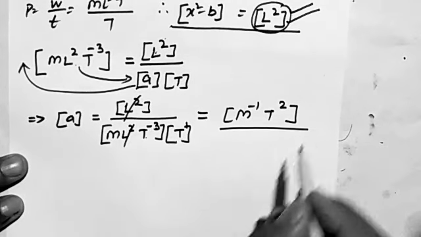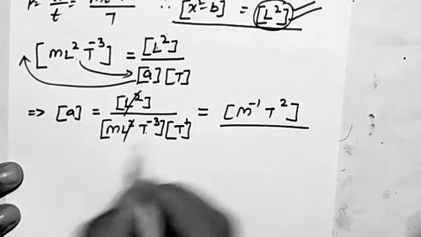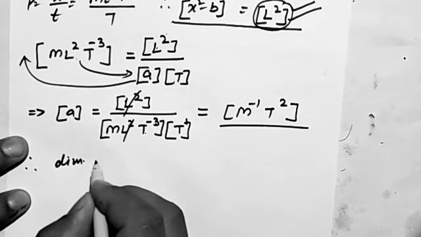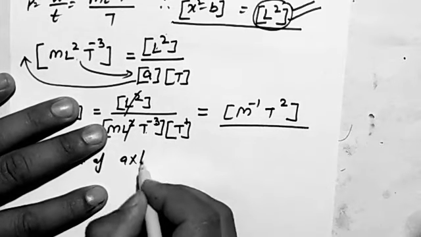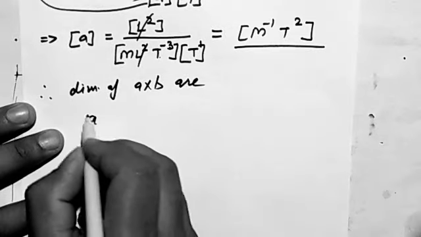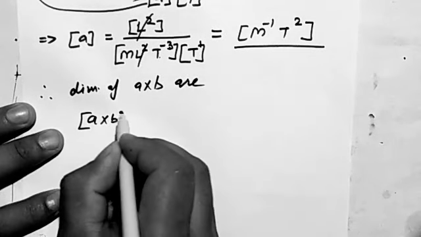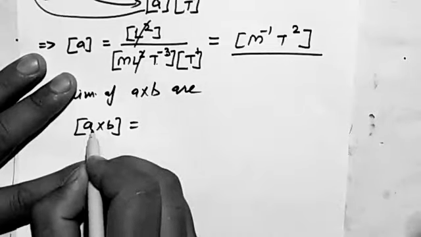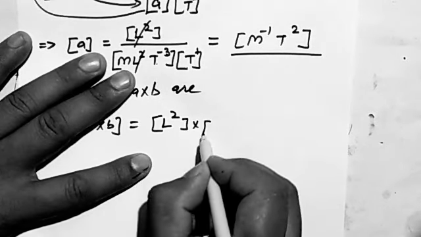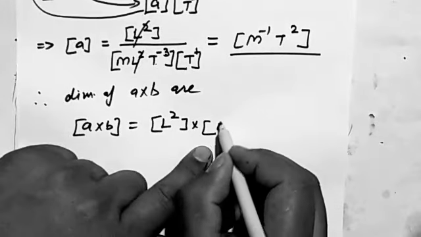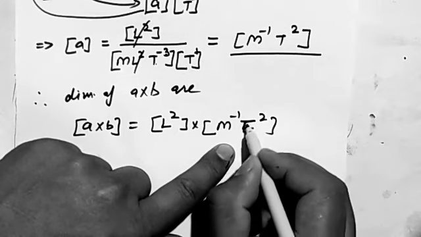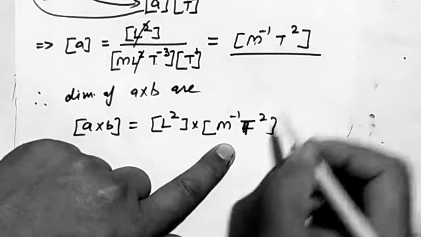But our question does not end here. We were to find the dimensions of A cross B in this question. Therefore, the dimensions of A cross B is equal to the dimensions of A, which you have calculated as m minus 1 T2, into the dimensions of B, which is L2.